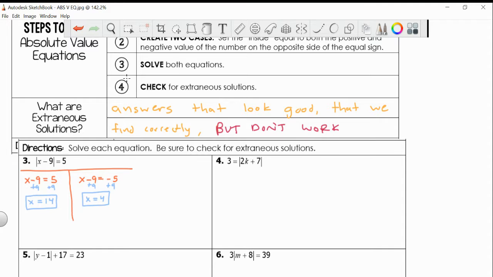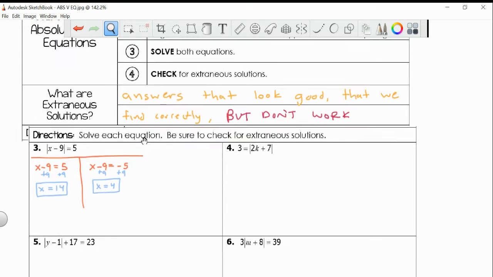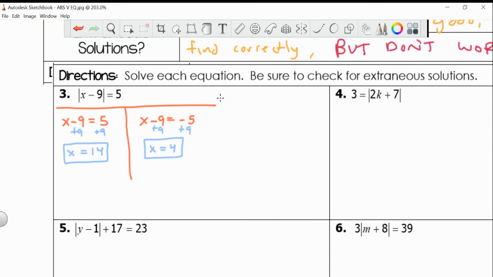Now, as you can see, number 4, it says check for extraneous solutions, okay? And so you kind of have a few different options, okay? One thing that you can do is you can go back and you can check your work, okay? So let's do this on the first one, okay? We're going to take the 14. We're going to have to plug it in to back where we had absolute values.